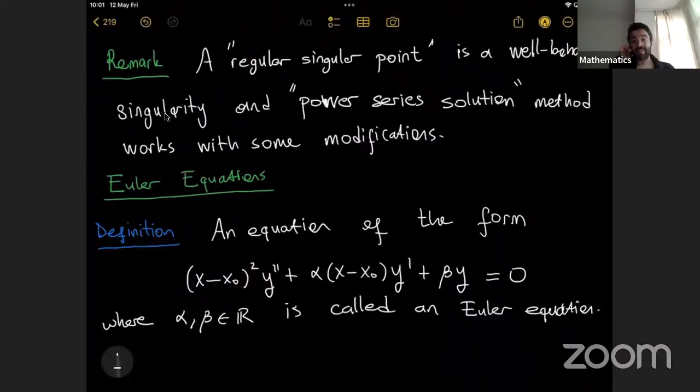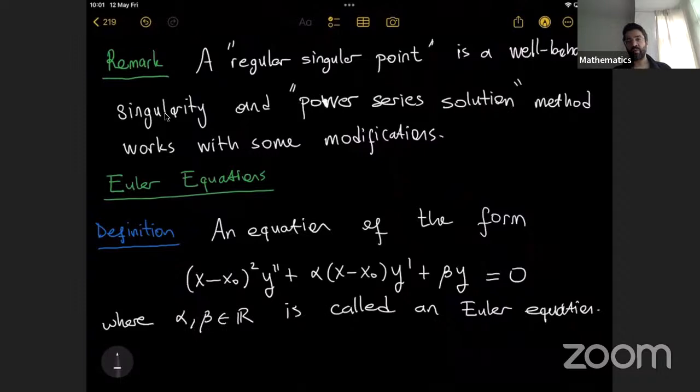Again, it's a non-constant coefficient second order linear equation, but the coefficients are in some certain type. The coefficient of the second derivative here, y double prime, is x minus x0 square. The other one is like x minus x0 and so on. And in that case, we modify this equation.